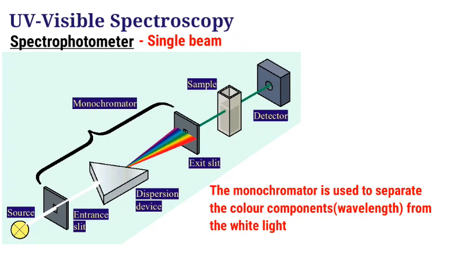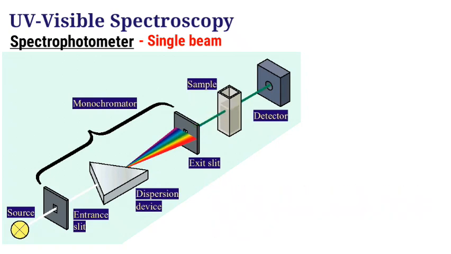There is a prism that splits the light into different wavelengths, that is different colors. Then a particular wavelength can be selected and focused to the sample, and the sample will absorb a certain amount of light. Then the remaining light energy is transmitted. The transmitted light rays are captured and analyzed using a photodetector.